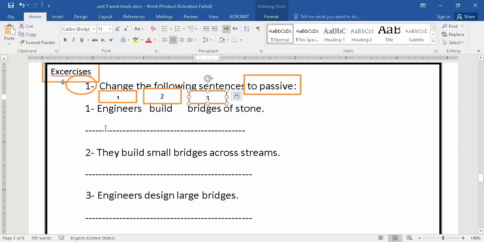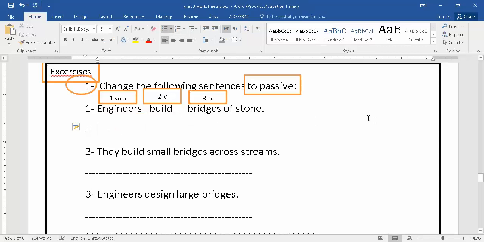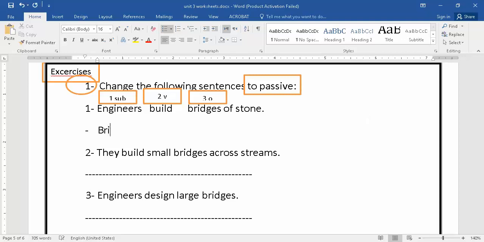Now we change it to 3, 2, 1. 1 is subject. 2 is verb. 3 is object. Now let's change it. Bridges.